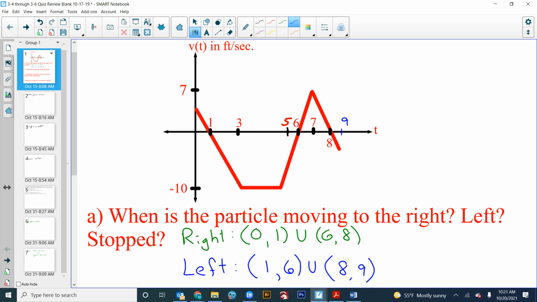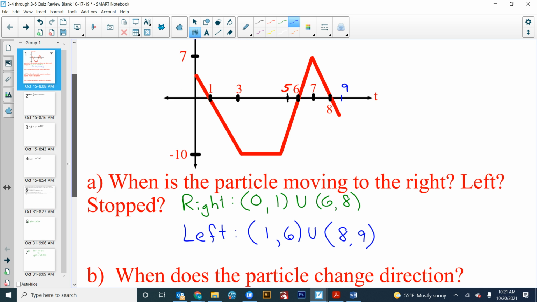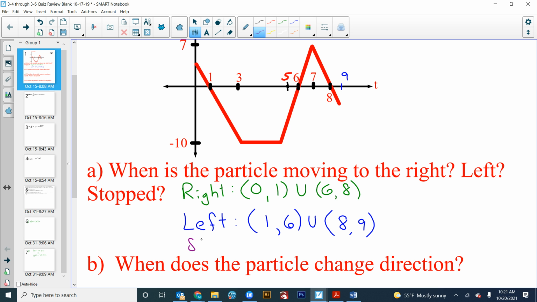I would be careful, though. If there's not arrows, you can't assume it goes on forever. In the book and on the quiz, I'm going to try to put on the interval from 0 to 9. On the interval from 0 to 9, when does the particle move right, left, stopped? Kylie, when did you put stopped?